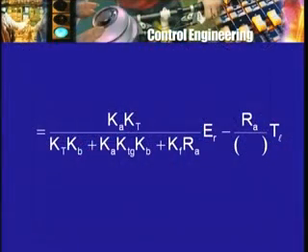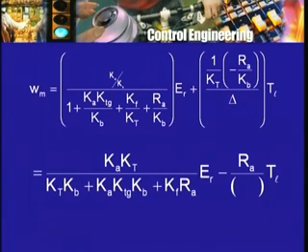The coefficients are all positive, and the expressions that multiply ER and TL are both positive. Of course, there is a negative sign that multiplies the whole thing, that multiplies TL. And so now we see immediately that if TL increases, omega m will decrease. If TL decreases, omega m will increase. If ER increases, omega m will increase. If ER decreases, omega m will decrease.